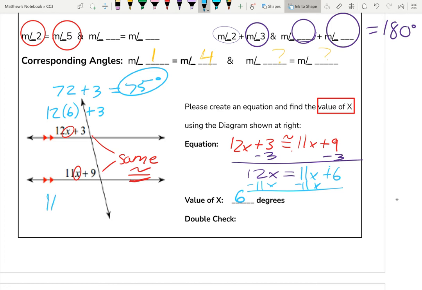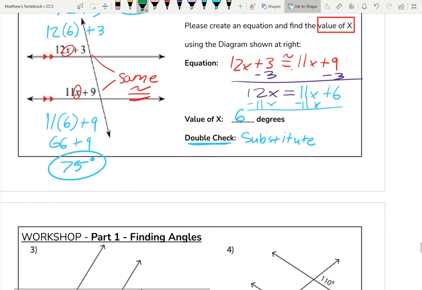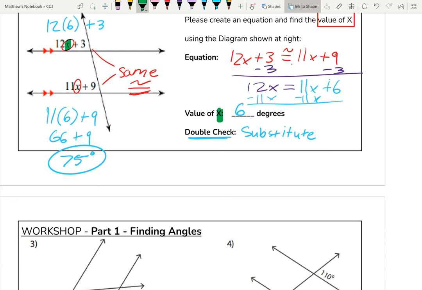So 11 times 6 plus 9. 11 times 6 is 66, plus 9 does give us 75 degrees as well. So that's how you can check. And when it says double check here, you're going to use that method of substitute in for the original equation, but this time using 6 in place of x.